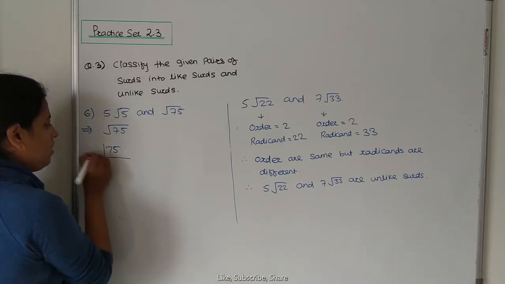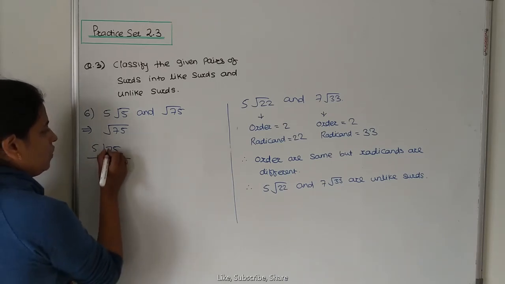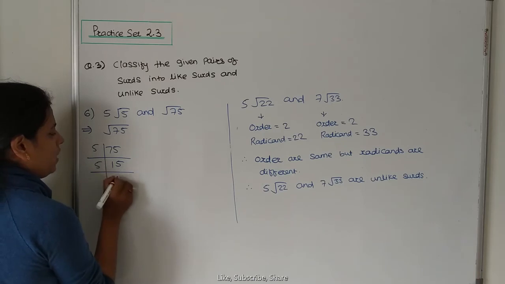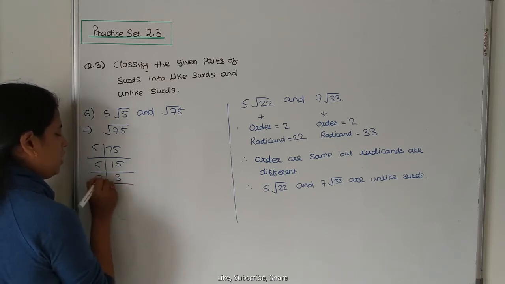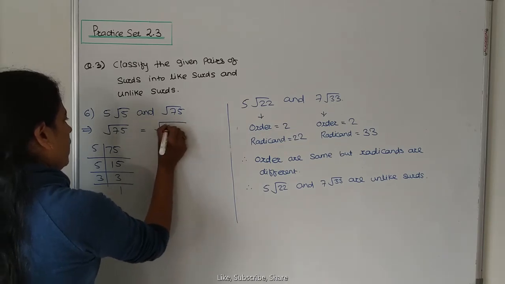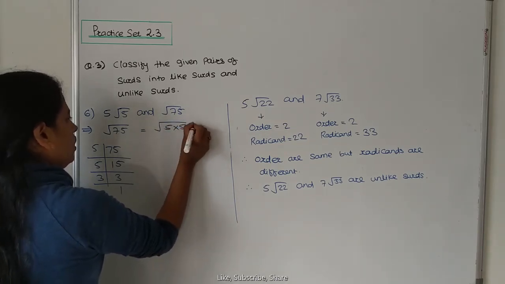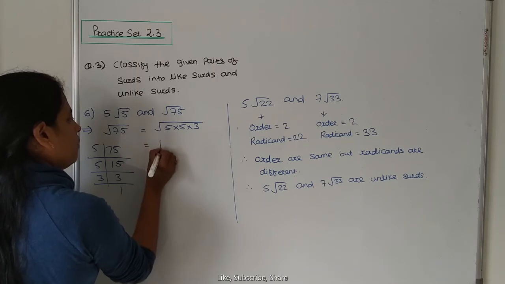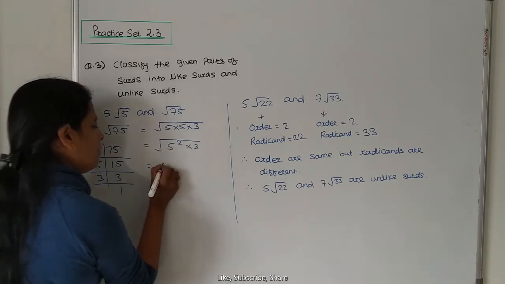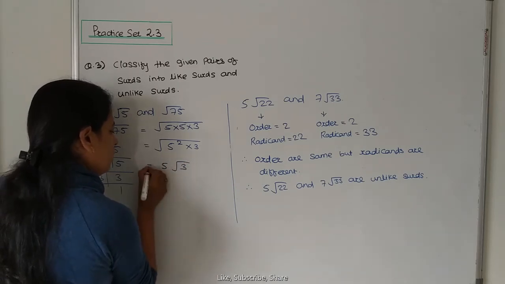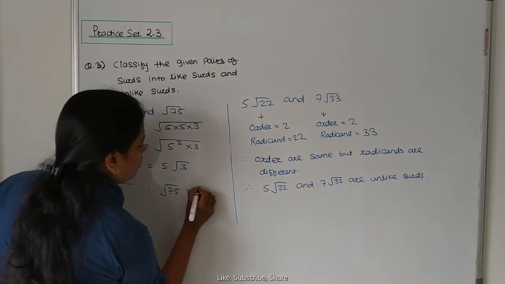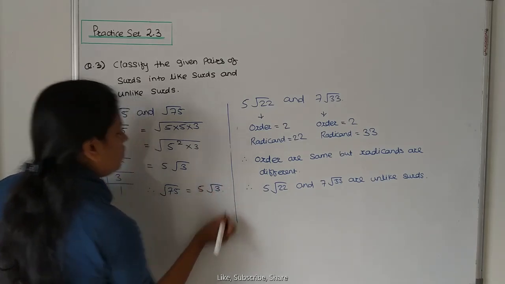This number is divisible by 5. 5 fives are 25, 5 threes are 15, then 3 ones are 3. That means we write like this, 5 into 5 into 3. Therefore, 5 square into 3. So root 75 is equivalent to 5 root 3.